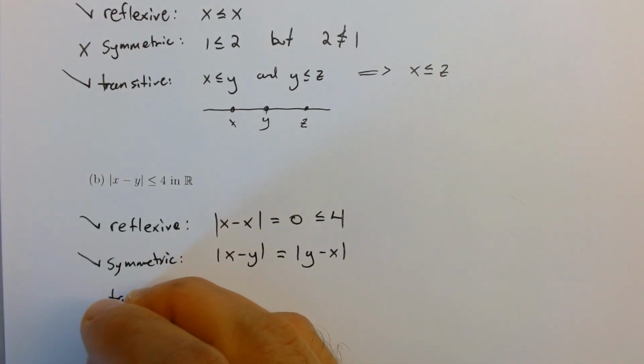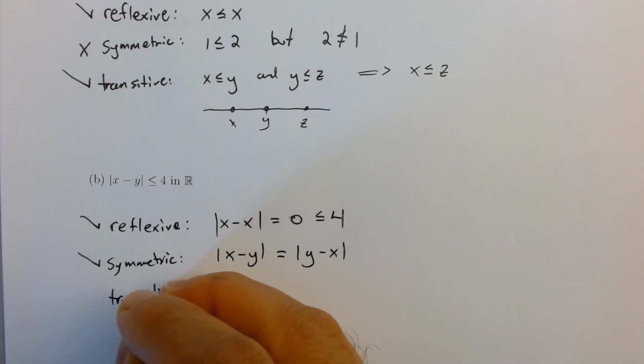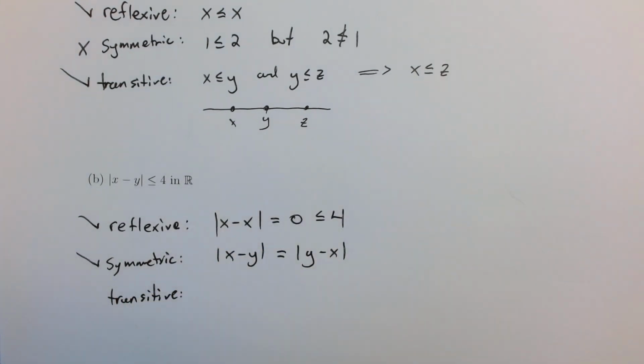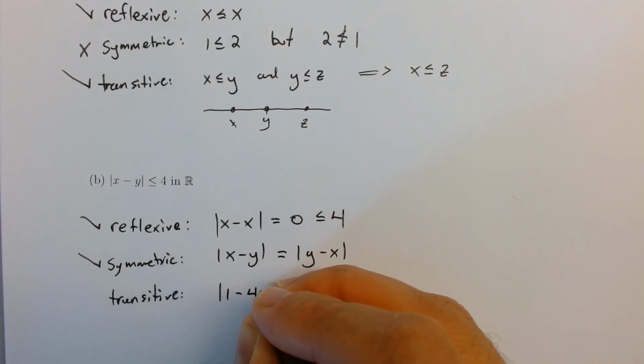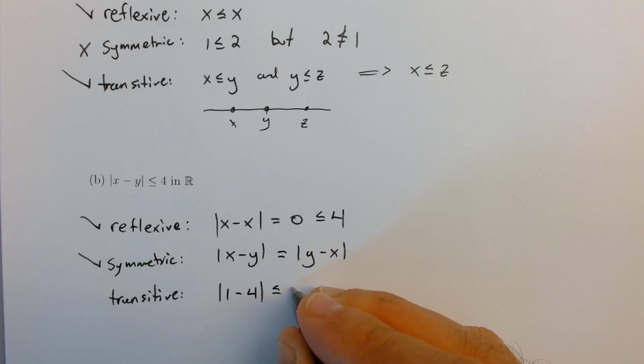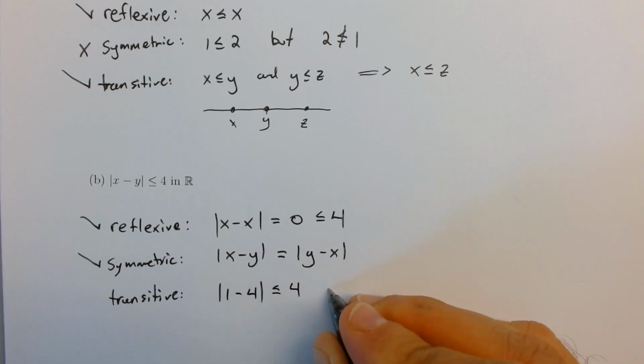And then finally, again, I already gave away that this is going to fail in one and not in the other two, so it should fail transitivity here. So we have to come up with some values of x, y, and z where it's true for x and y and for y and z, but not for x and z. So here I came up with 1 and 4. The difference between 1 and 4 in absolute value is less than or equal to 4.